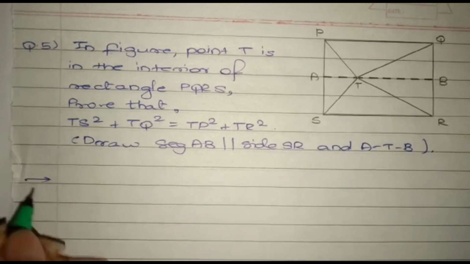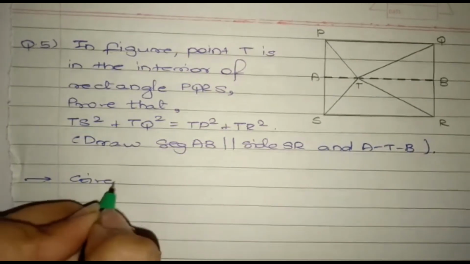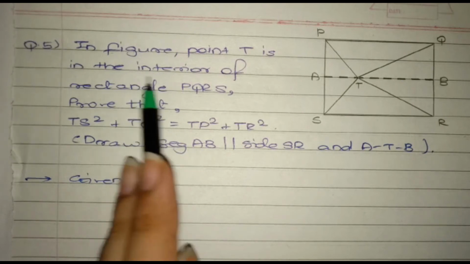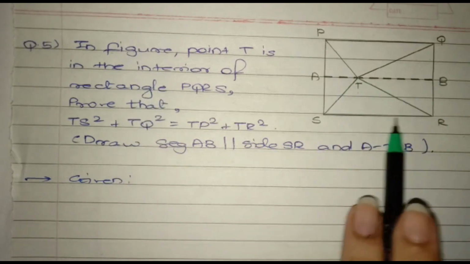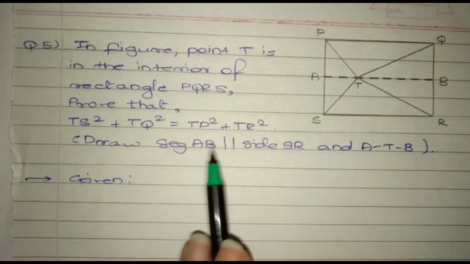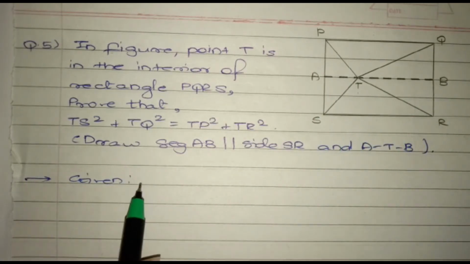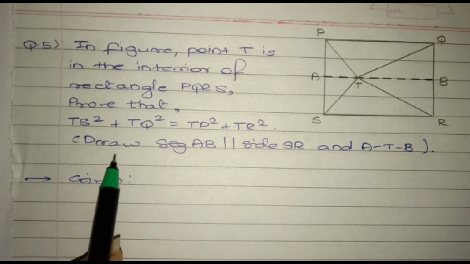So let us start. First we will write given. What is given? T is the interior, but that is not needed. We will write that segment AB is parallel to segment SR. No, we have to draw, it is the construction.